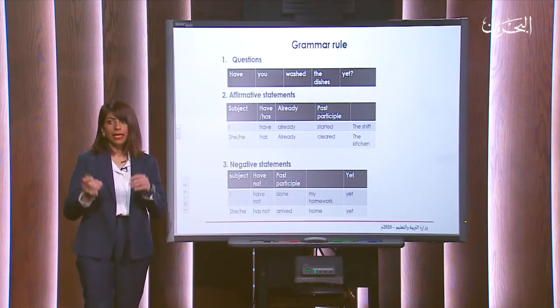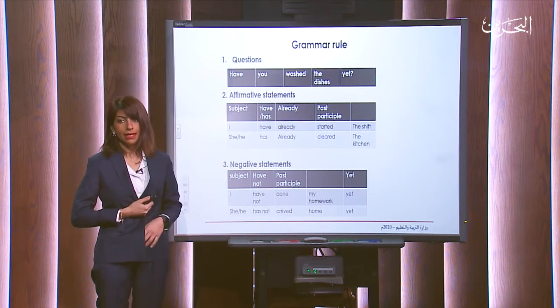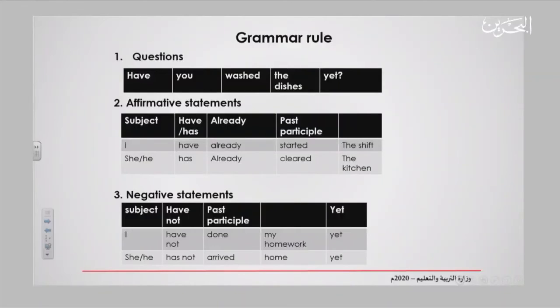Now, let's display the grammar rule of present perfect with already and yet. I think we mentioned many examples, and it's clear to you now that the grammar is this way. Let's start with the first form, questions.